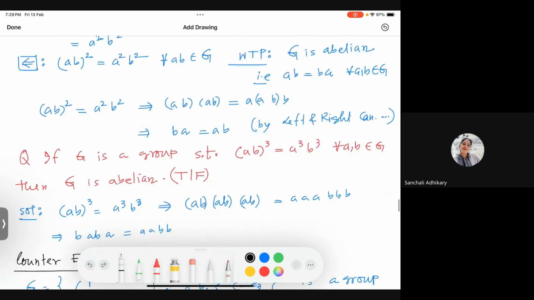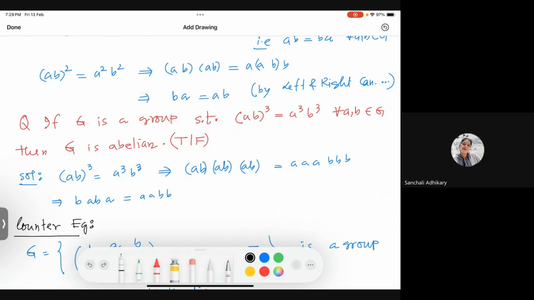Now, here, is it true for an abelian group? Yes, for an abelian group, this holds. But if (AB)^2 is equal to A^2 B^2 is true for all A, B, then it will imply G is abelian.